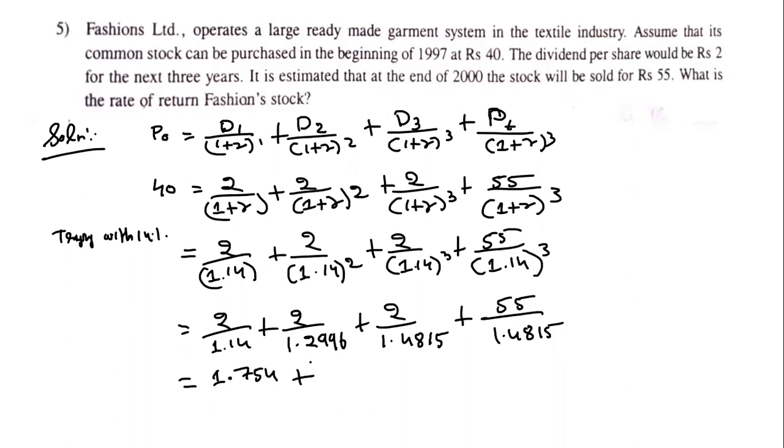Next, 2 divided by 1.2996 gives 1.538. Then 2 divided by 1.4815 gives 1.349. And 55 divided by 1.4815 gives 37.124. Okay, so let's add this.